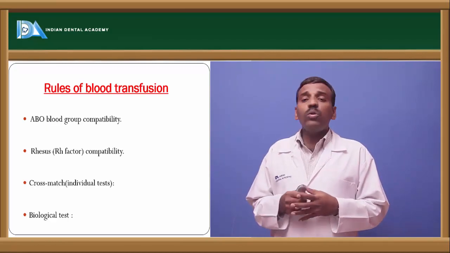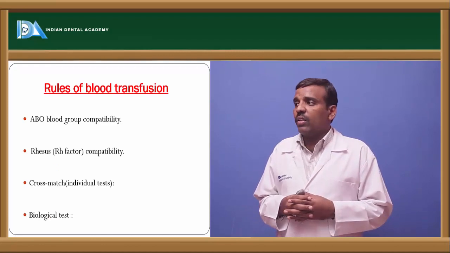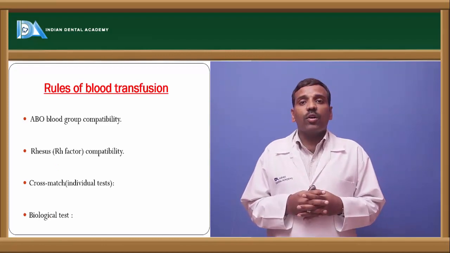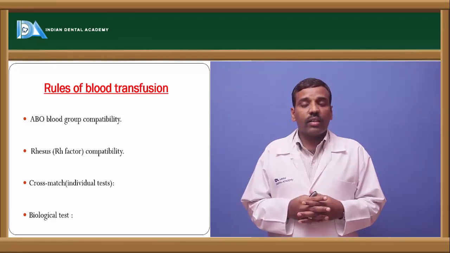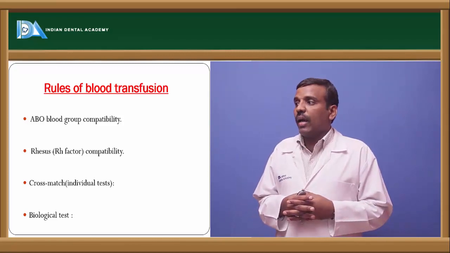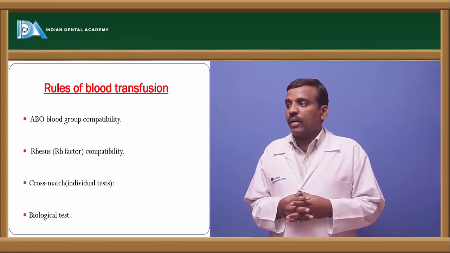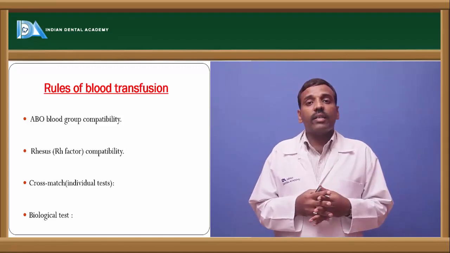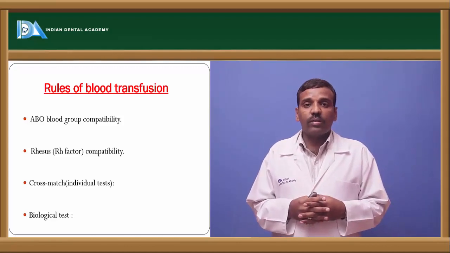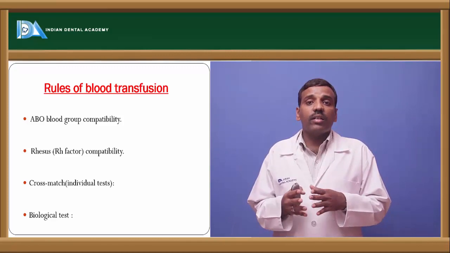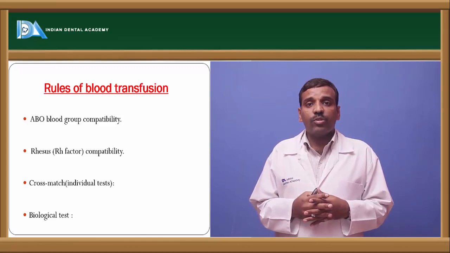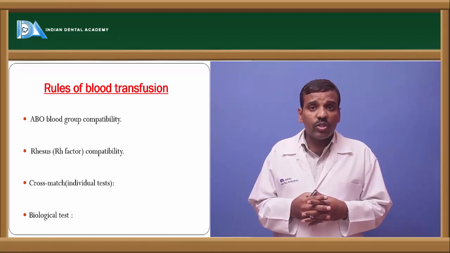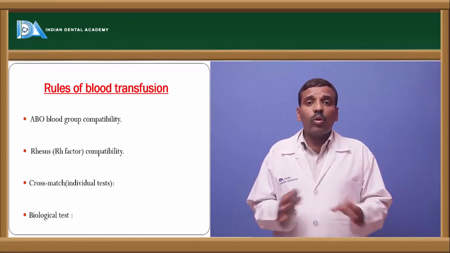After this, the rules of blood transfusion: first is the compatibility of blood grouping, like ABO grouping and rhesus factor, RH factor compatibility. The next one is cross matching, by direct and indirect cross matching. In this, the donor cells and the plasma of the patient are mixed. If any agglutination is seen, the blood is not matched.